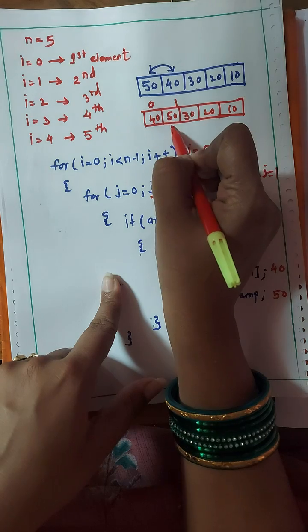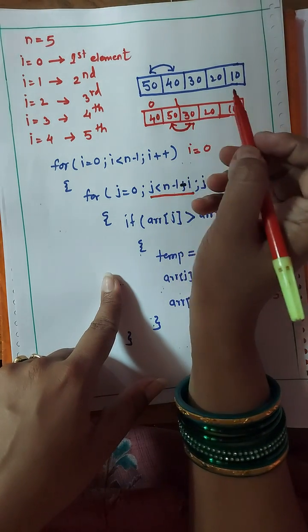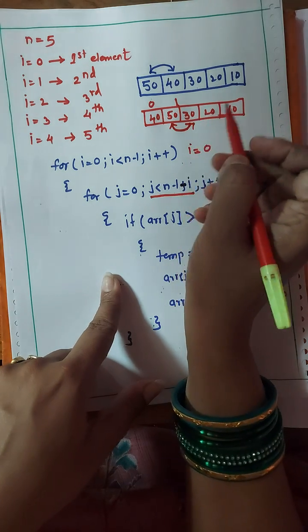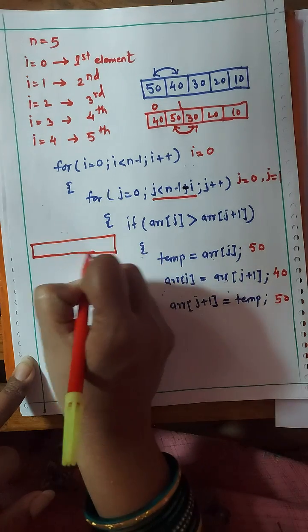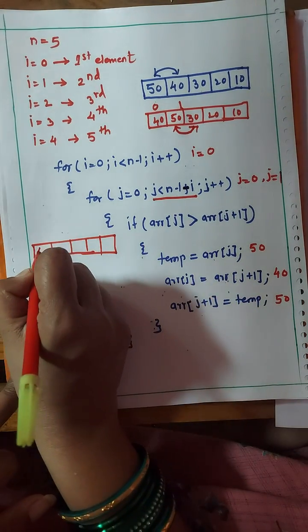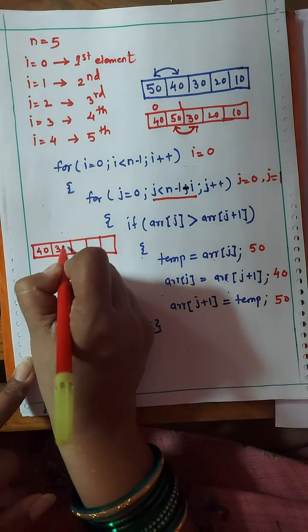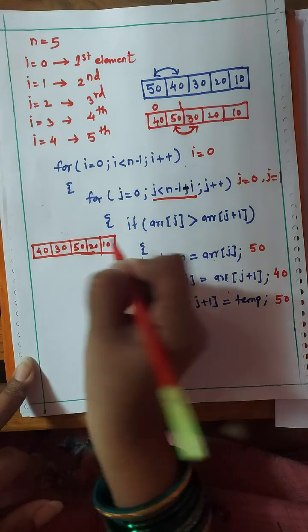Then it compares 50 and 30, so it will be exchanged again. It becomes 40, 30, 50, 20 and 10.